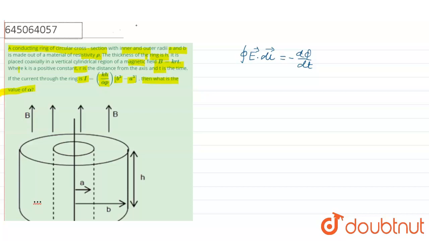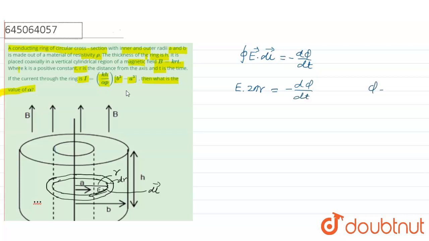Here we take a ring of radius r. Then we can say E into 2πr is equal to minus dφ/dt.